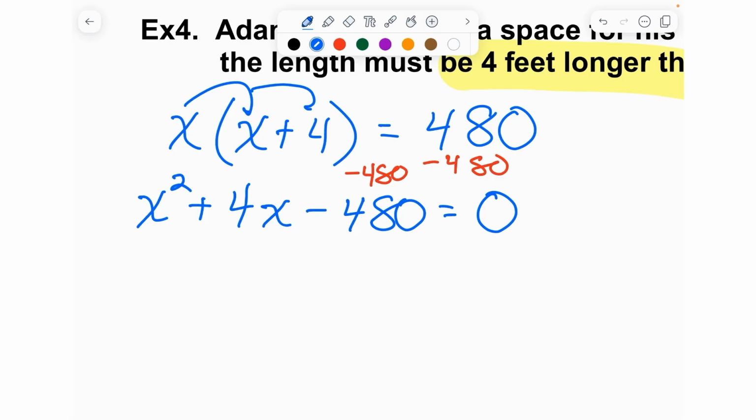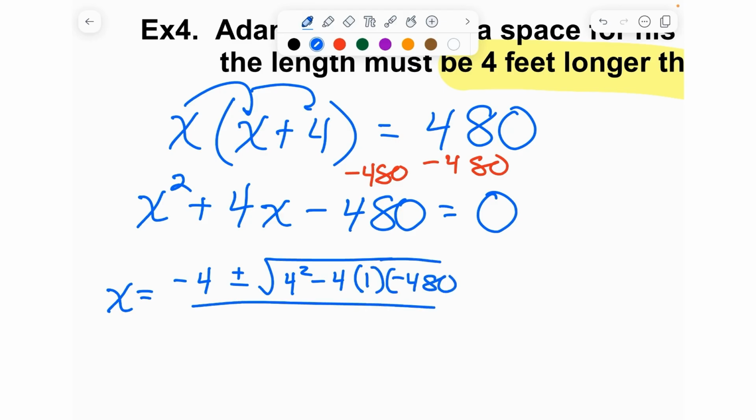And how do we solve quadratic equations? With any of the methods that we've learned. You could factor it, except I don't know if I want to try to factor something with this big number 480. So you could use the quadratic formula. That's right, I could solve this with the quadratic formula. I can do the opposite of b, plus or minus the square root of b squared minus 4ac.